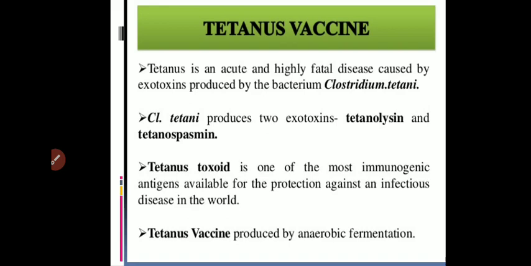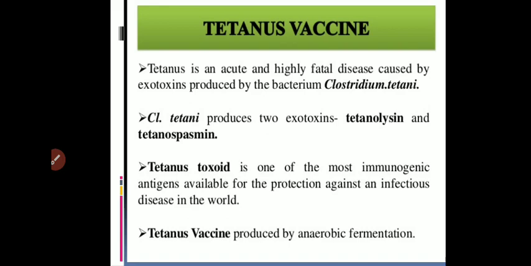So to avoid the problem created by Clostridium tetani, we are going to produce immunity against this tetanus-producing bacteria. In this session we'll learn about the production of tetanus toxoid, or tetanus vaccine.